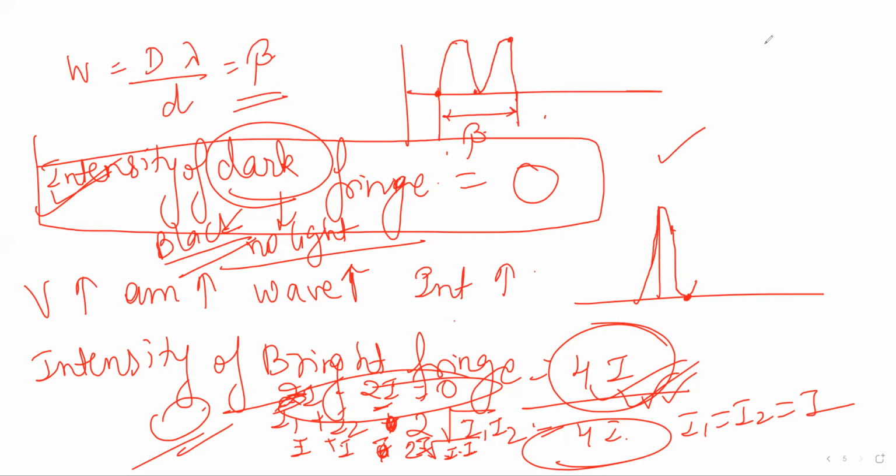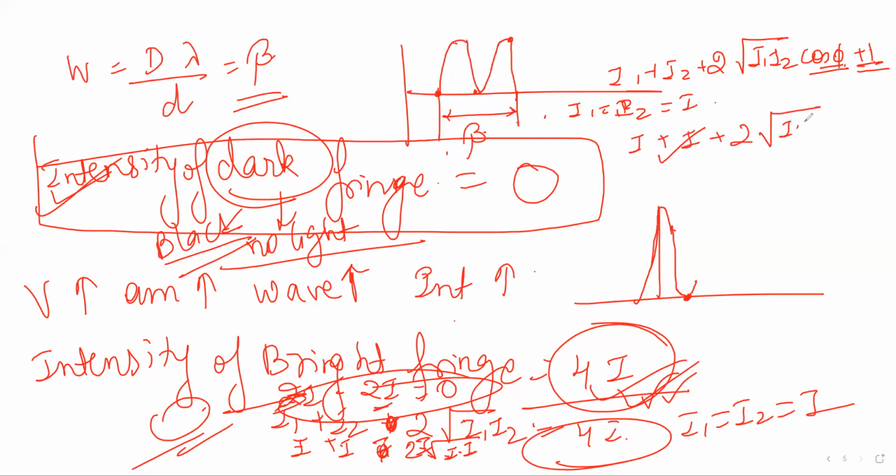This intensity of bright fringe is 4I, right? I1 plus I2 plus twice root over I1 I2. Here cos phi is positive 1. So with I1 equal to I2 equal to I, I plus I plus twice root over I into I becomes 2I plus 2I, which equals 4I.